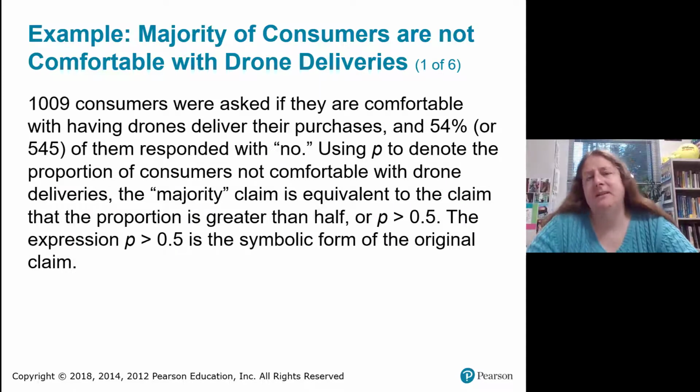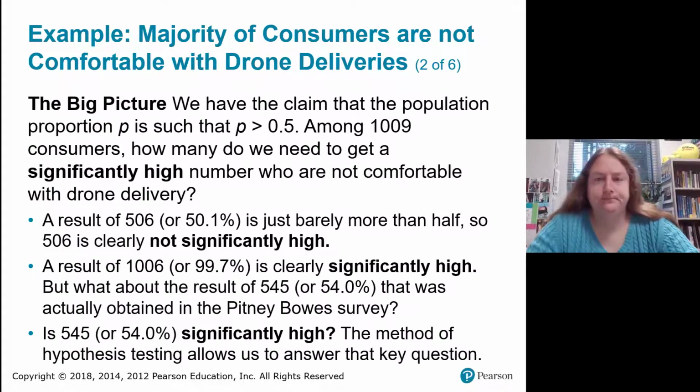That was a lot of words, and it might not make a ton of sense yet, but let's break this out a little bit. The big picture: we have a claim that the population proportion P is greater than 0.5. Among 1,009 consumers, how many do we need to get a significantly high number who are not comfortable with drone delivery? That's what we want to know.